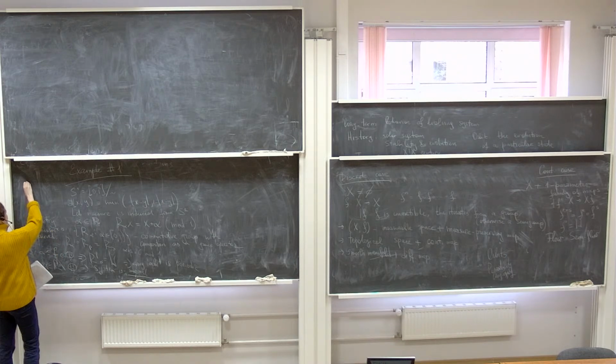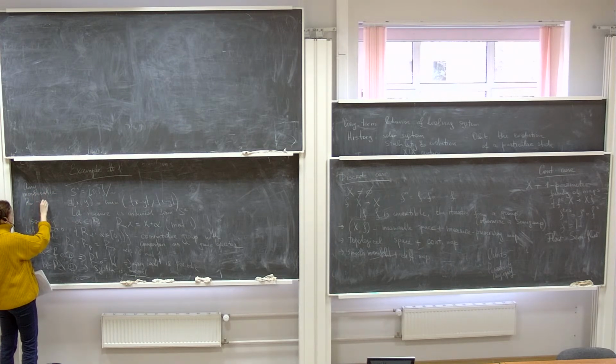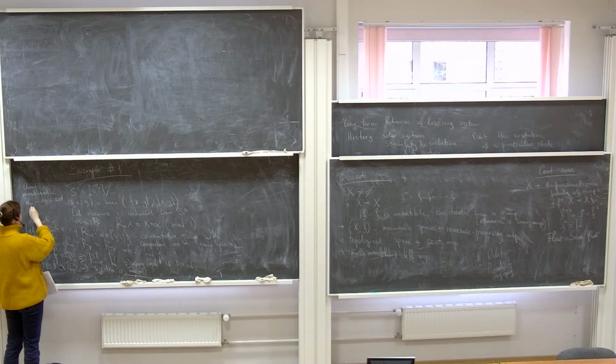So any measurable R_alpha invariant set is either of 0 or full measure.